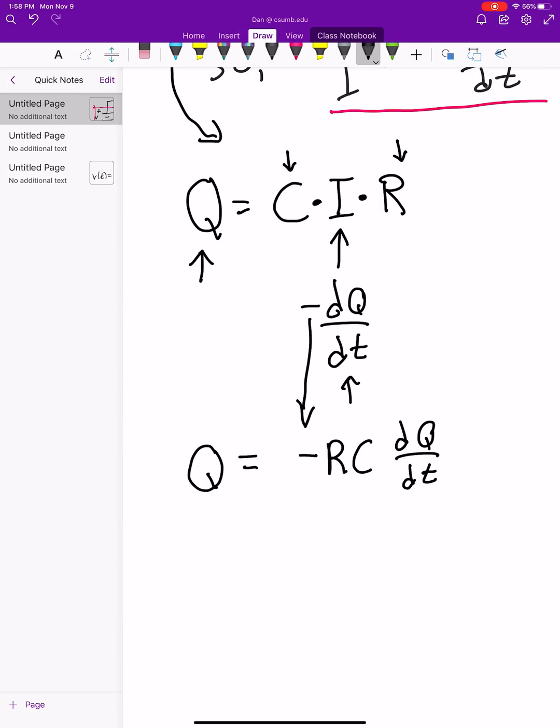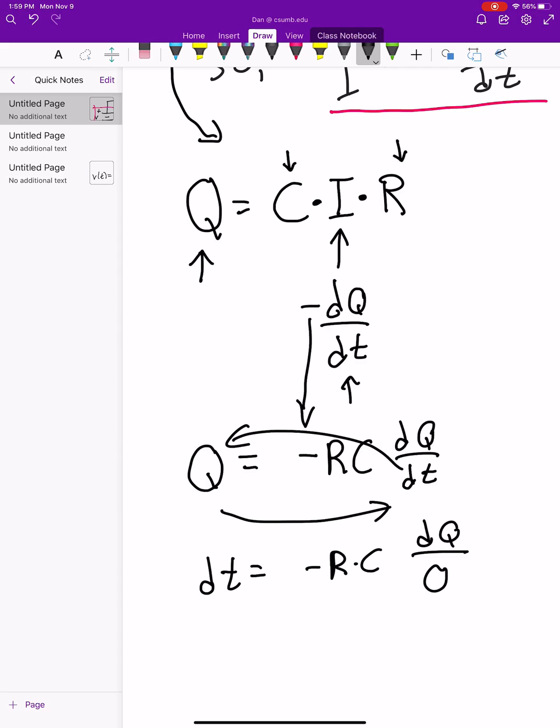But what I'm going to do is get the q onto this side, and the dt I'll put over here. So dt equals minus R times C times dq over q. And I'm going to integrate both sides of my equation, knowing that these quantities here are constant.